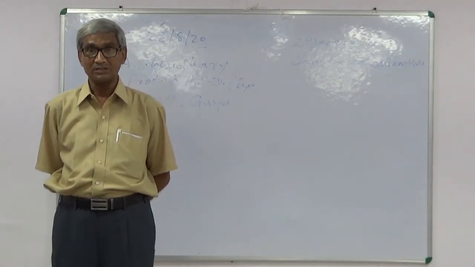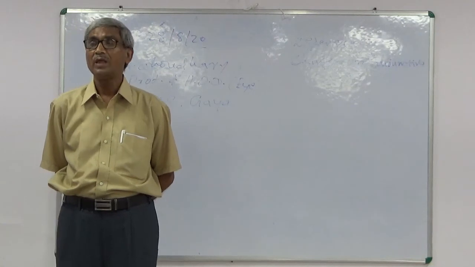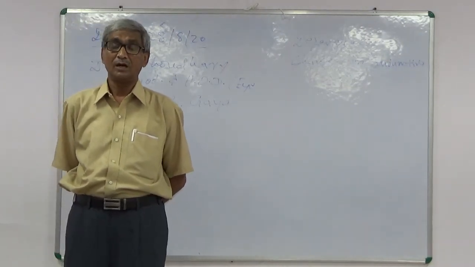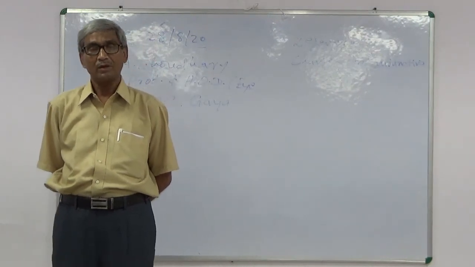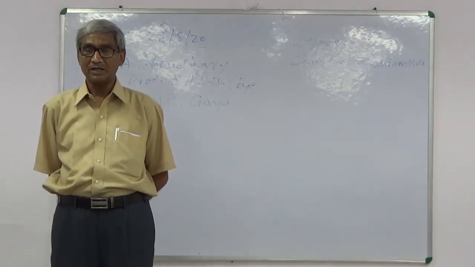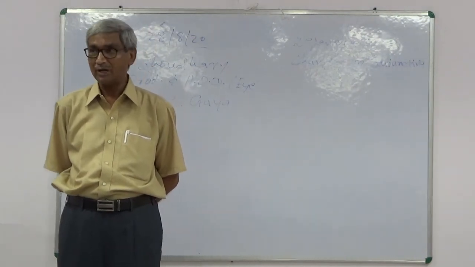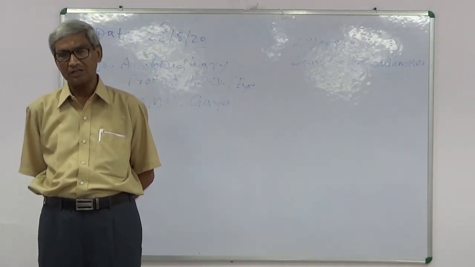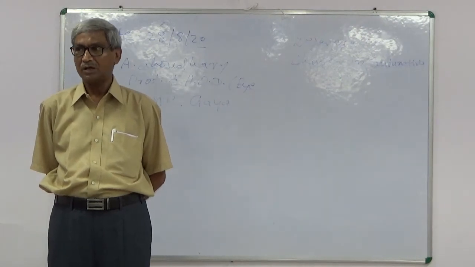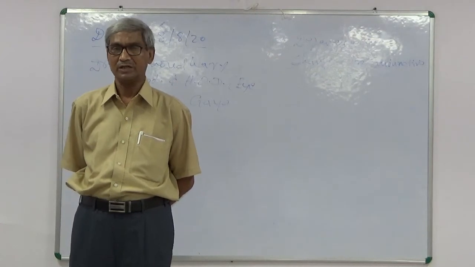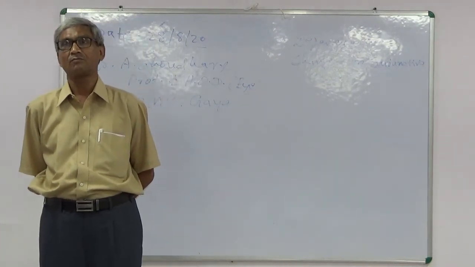Pterygium appears in either the progressive stage or atrophic stage, but pseudopterygium appears as a static stage, no change.